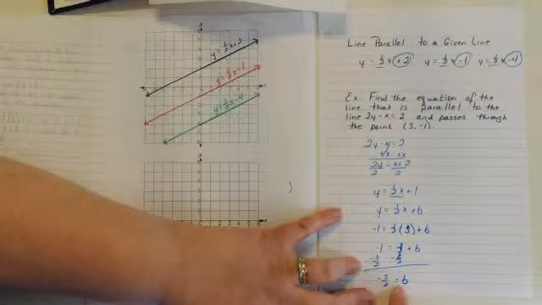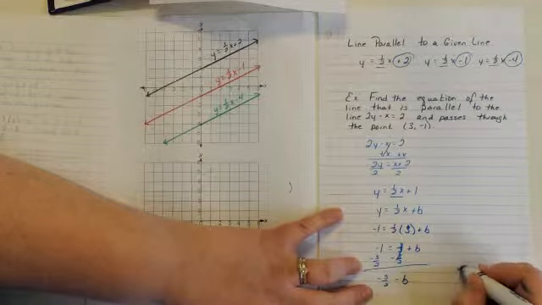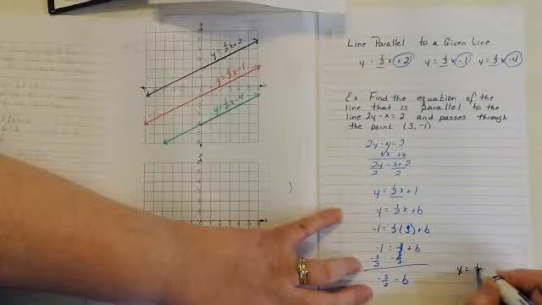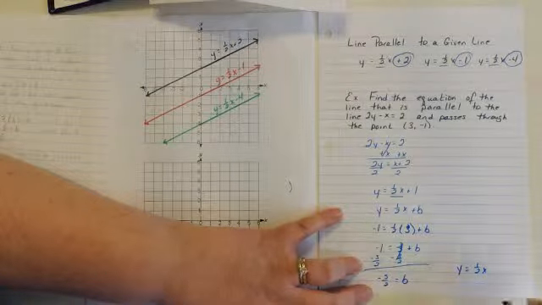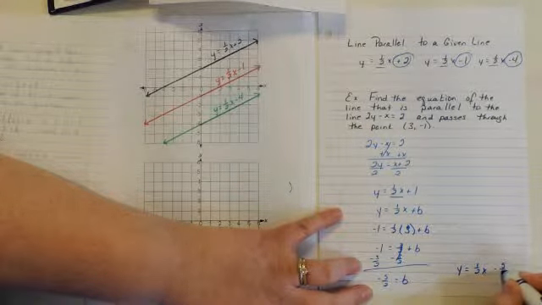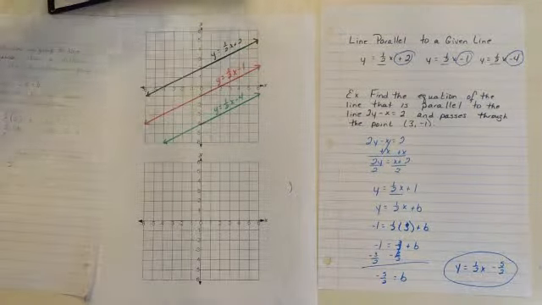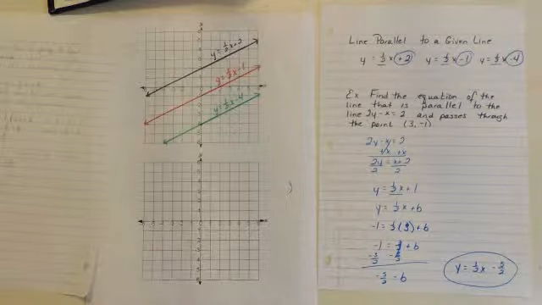Okay, if -5/2 equals b, then the equation of our line is y equals, the slope is 1/2 x minus 5/2. Okay? And that is it.